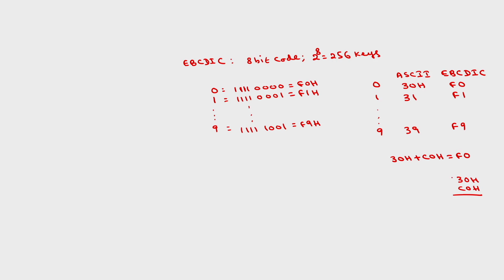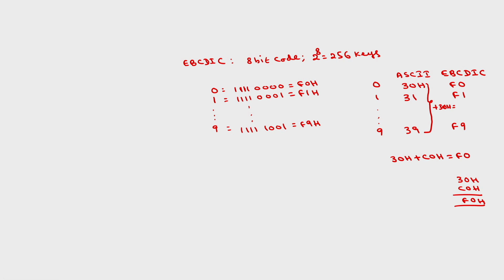C plus 1 is D, E, F, so F0H. Similarly, you take any of these values and add C0H, and you will get the corresponding values.